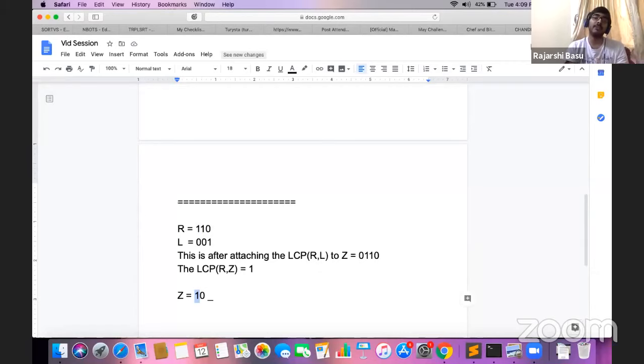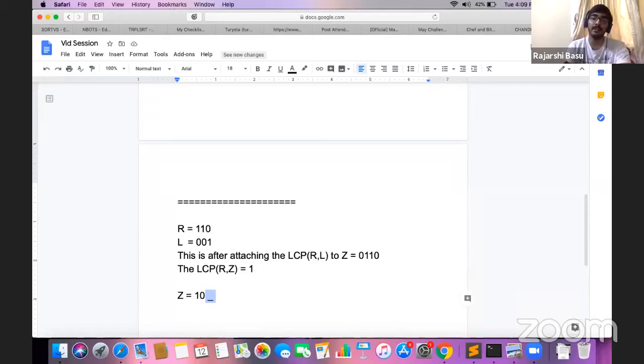So if LCP is 1, the first character is fixed, the second character is also fixed because R has 1 in that position and Z has to be 0, and the rest of the characters we handle with the same approach again.